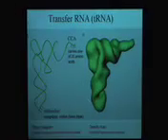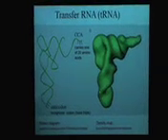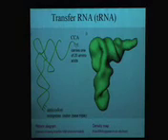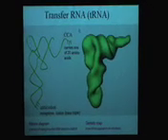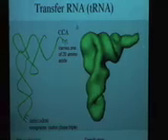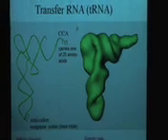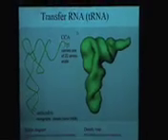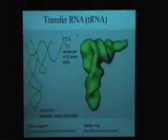It has this odd shape, and on one side is the anticodon, where the recognition takes place, and at the other end it carries the amino acid. And this is called CCA because these are the three bases that the RNA ends in. So it's also called the acceptor RNA.